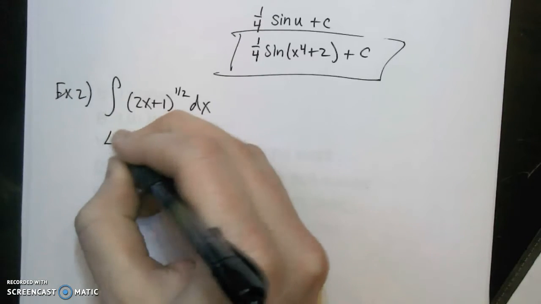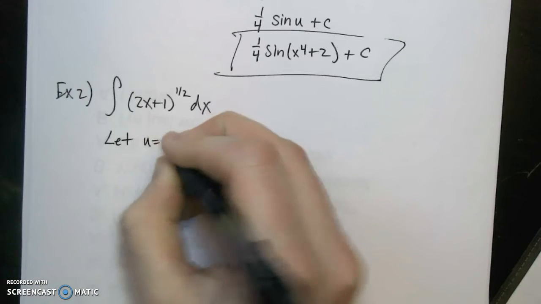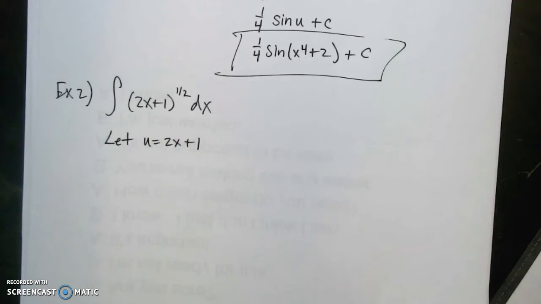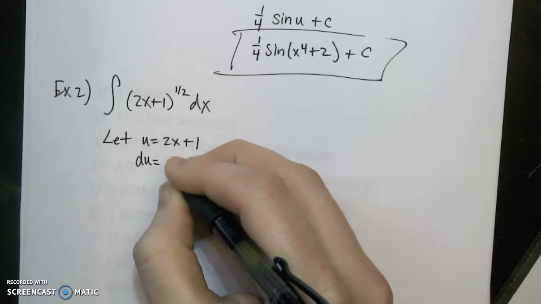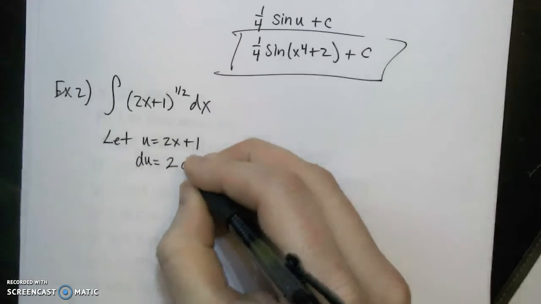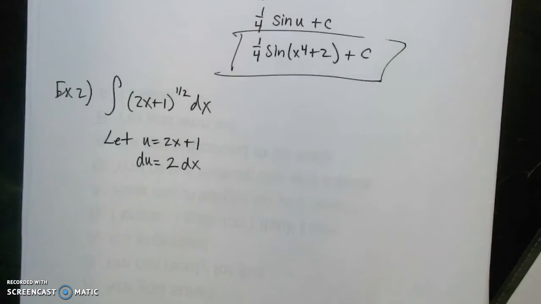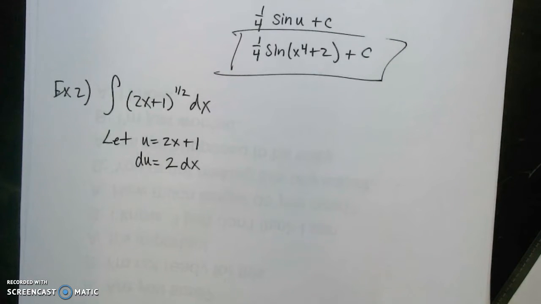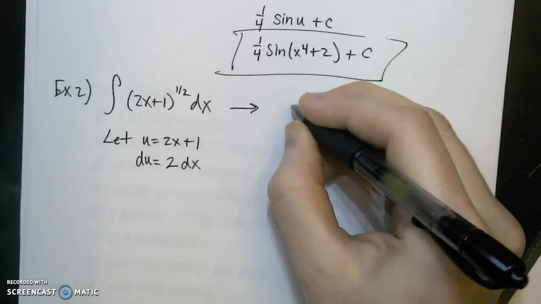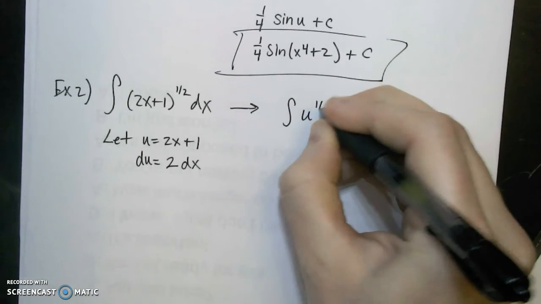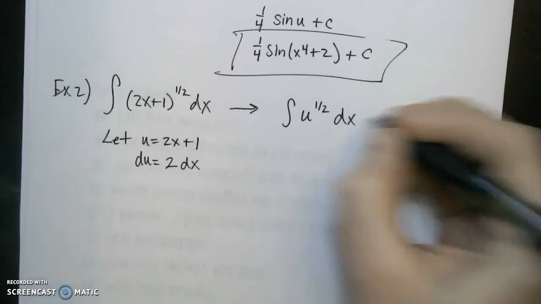So what I'm going to do is let u be the 2x plus 1. And then I think about what is derivative of u. Derivative of that is 2 dx, because I just did derivative with respect to x. And then we'll just see where that leads us. So that would change this into u to the 1/2, which is pretty simple.